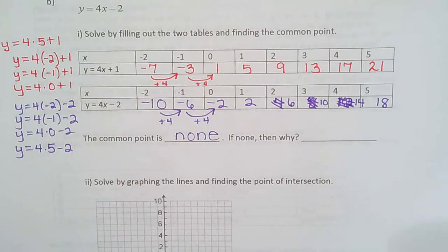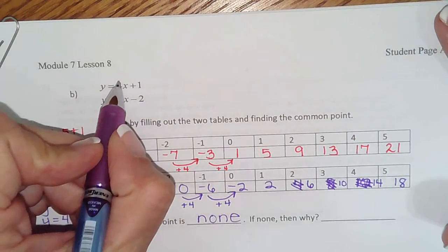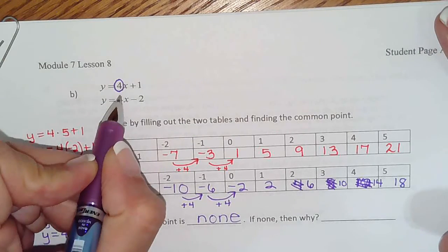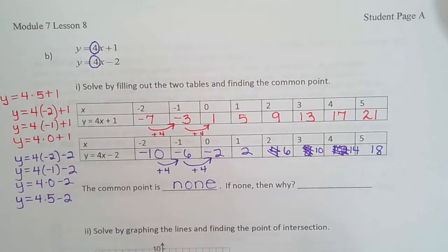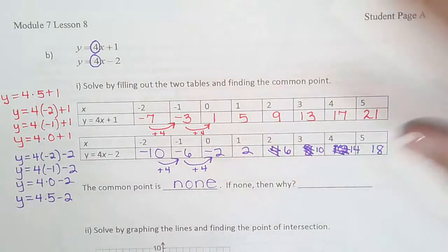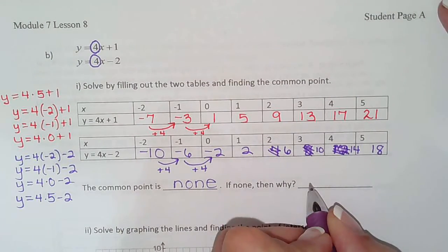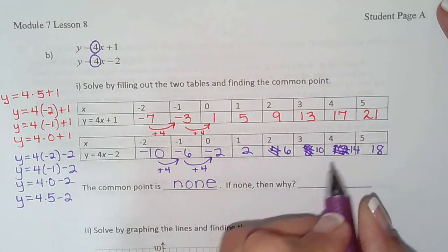Because the lines are what? Parallel. We knew that from the very beginning. The slopes are the same. We learned the lines are parallel. Why? If none, then why?